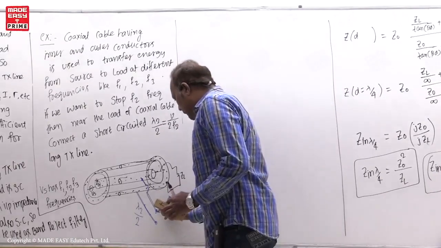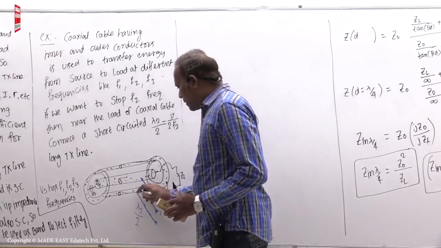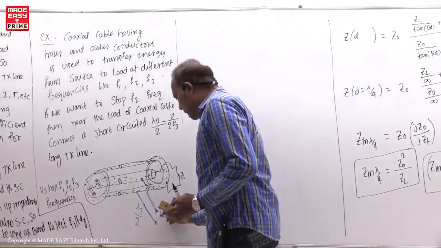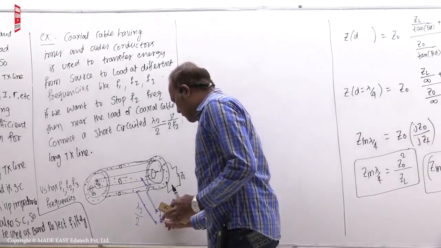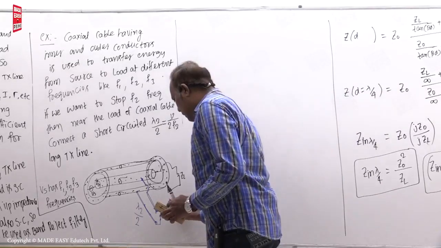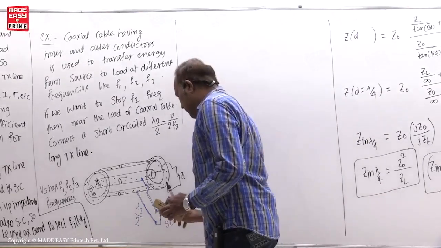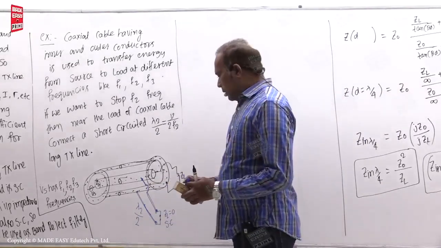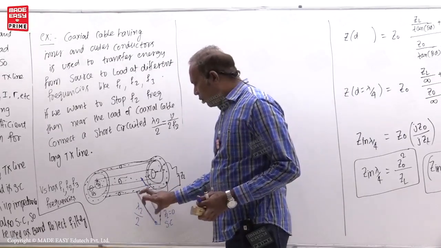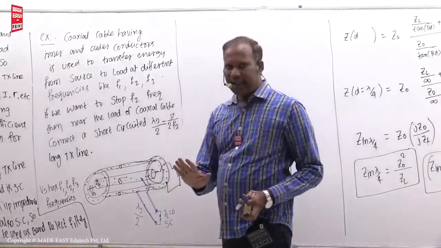Now you know that the input impedance of this lambda by 2 line is the load impedance. Now I am short circuiting this load actually. So the load ZL is short circuited. Now this behaves like a lambda by 2 transmission line for the F2 frequency only.